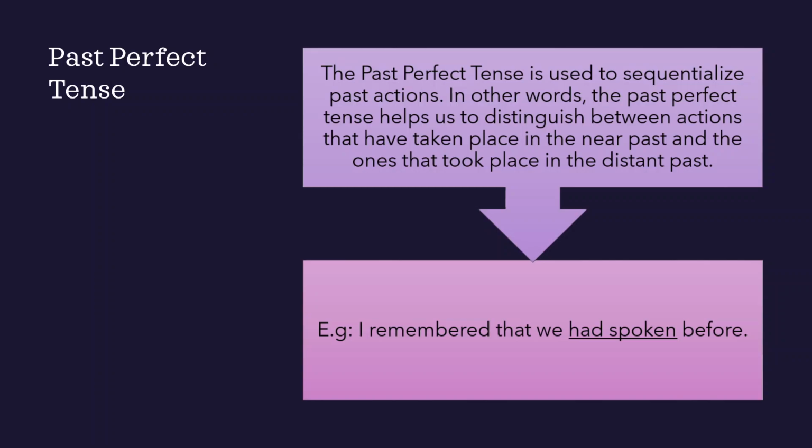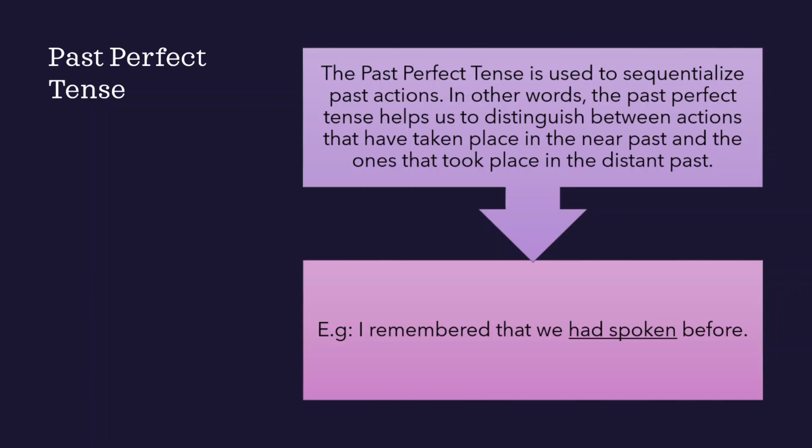So here the past perfect tense is used to refer to the past action, that is, speaking with each other, that occurred before another past action. And which one is that? That past action is the speaker remembering the incident of speaking. Therefore, we can say that the past perfect tense refers to the first of the two actions in the past.